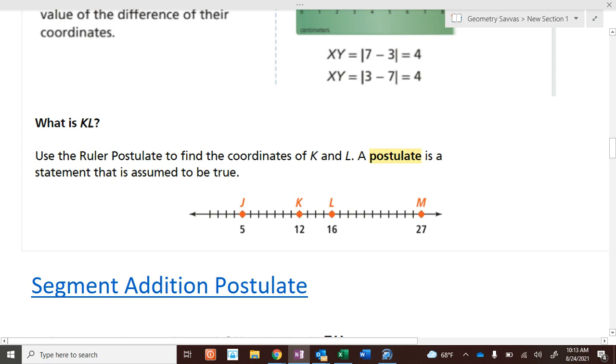So a postulate is a statement that we assume to be true.